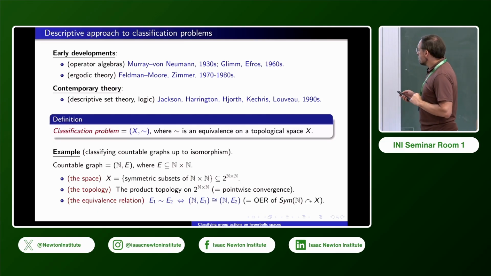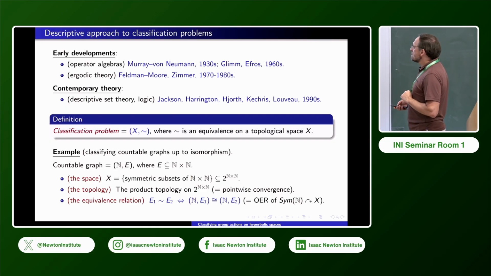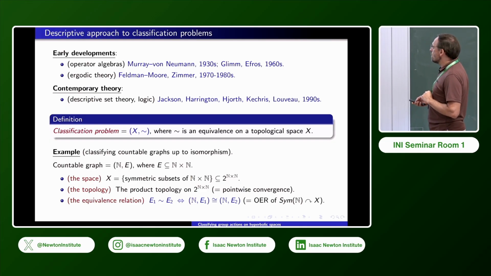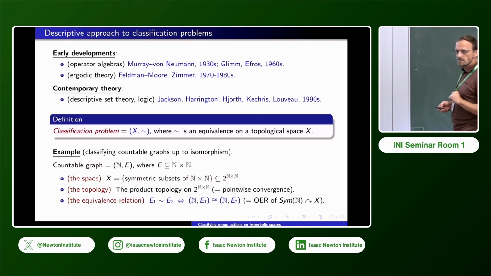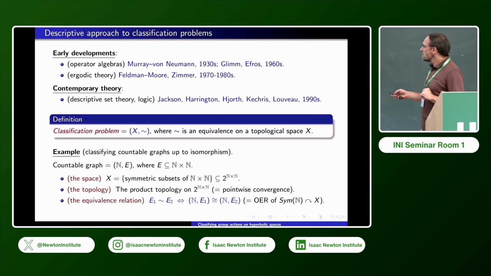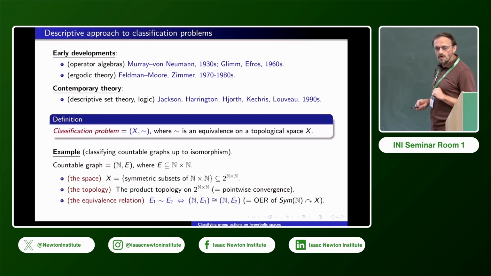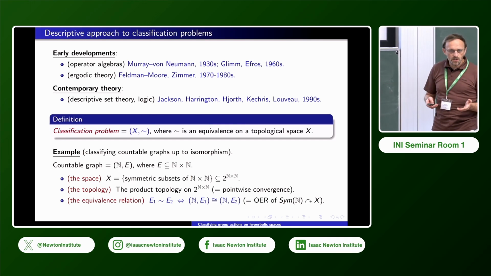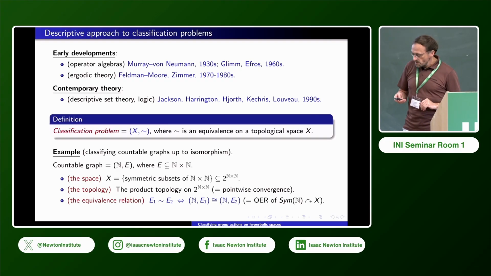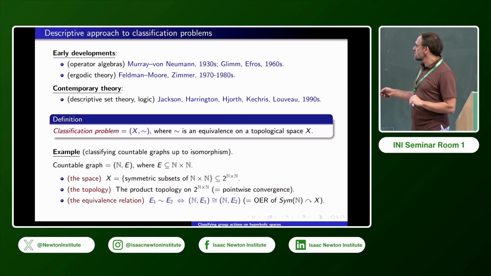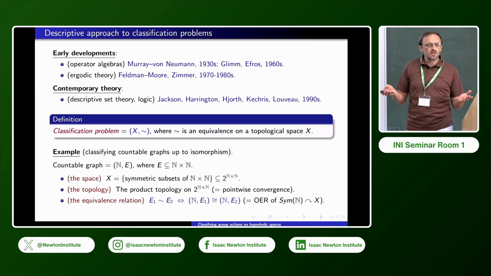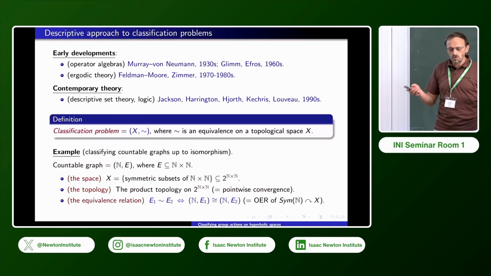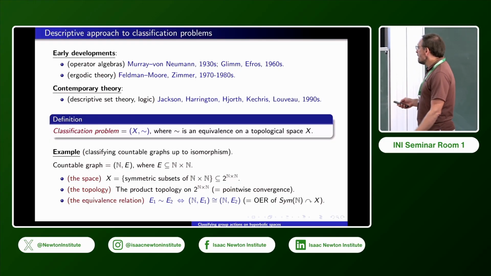So you can identify the set of all countable graphs with the collection of all symmetric subsets of N cross N. And this sits in the set of all subsets of N cross N, which has a natural topology, the product topology, with respect to which it's a Cantor set. So you restrict this topology to this subset and you get your topological space. That's the topological space of countable graphs.